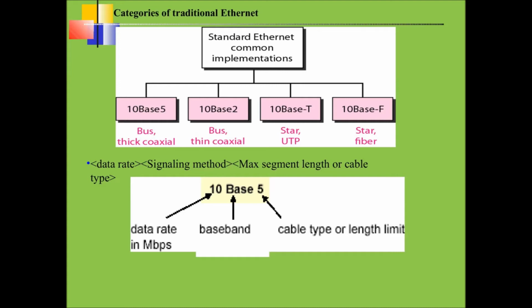And what is 5? This is basically the cable type or length limit. It means after some specific distance, signal quality will be degraded, and we have to use amplifiers or repeaters. So this is basically the length limit.